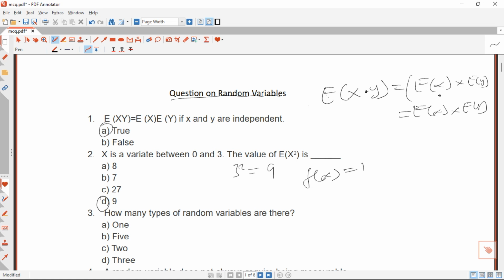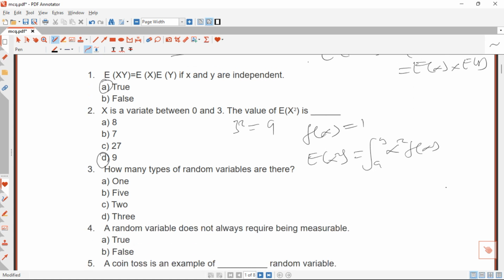If you want to find expectation of x squared, it is equal to the integral from a to b of x squared times f of x. Since f of x is assumed to be 1, we integrate from 0 to 3 of x squared times 1 dx. Once you are integrating, we get x raised to the power 2 plus 1 divided by 2 plus 1, moving from 0 to 3.